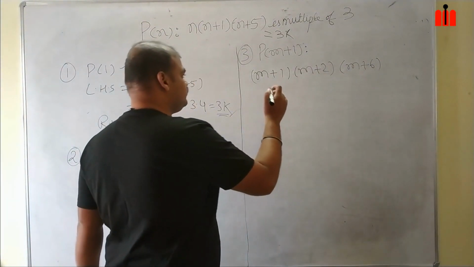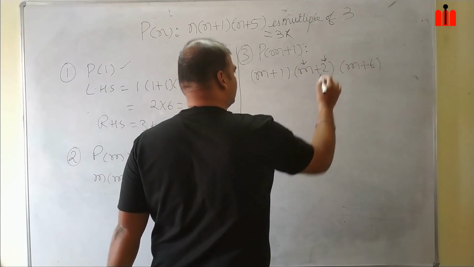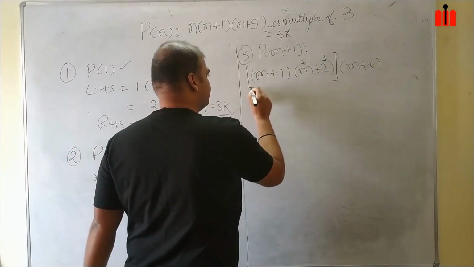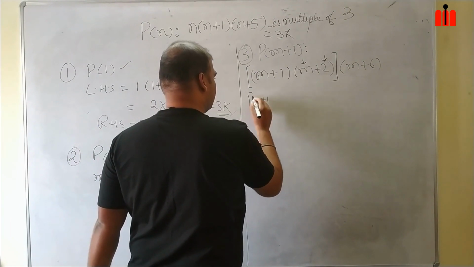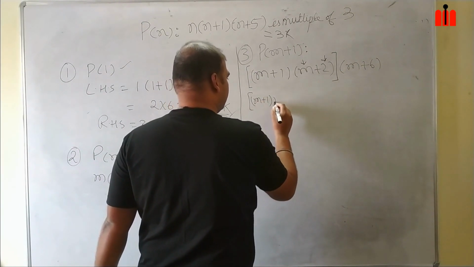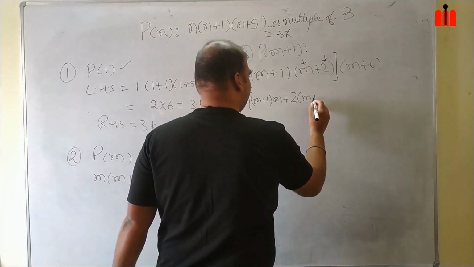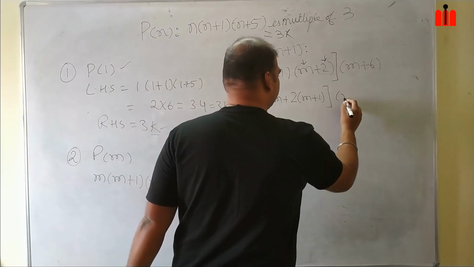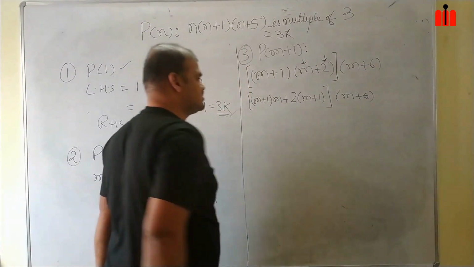So you split this m plus 2 now. Let's keep this m plus 6 aside. So we will get here m plus 1 into m plus 2 into m plus 1, and here we are left with m plus 6.